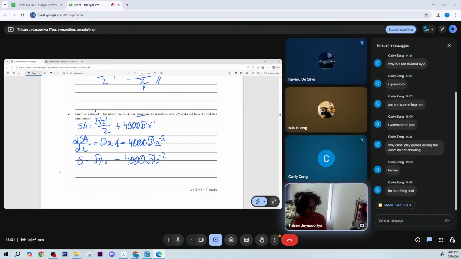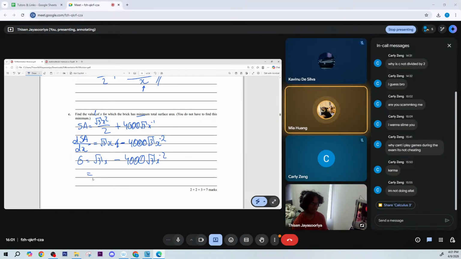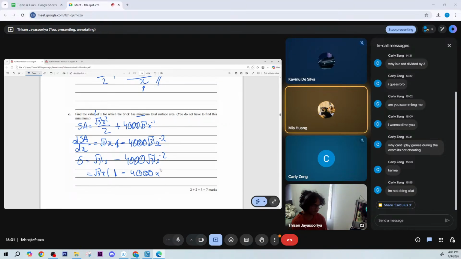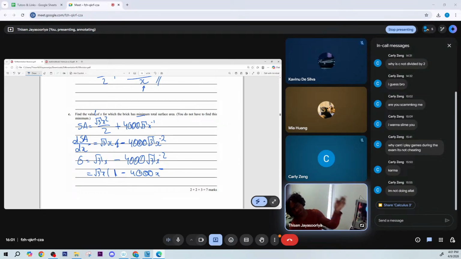Yeah, so what would you factor out? Can I take out the root 3 and x? So we take out the root 3 and x. So we're left with 1 take 4,000. What does this become? x to the power of negative 1, no, because we're factorizing it out.